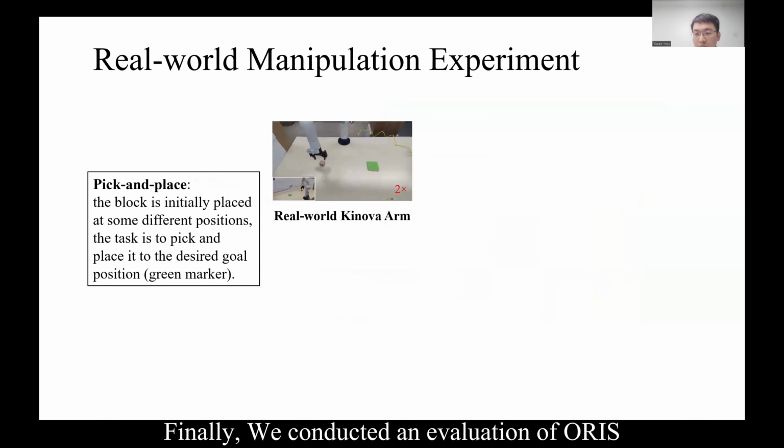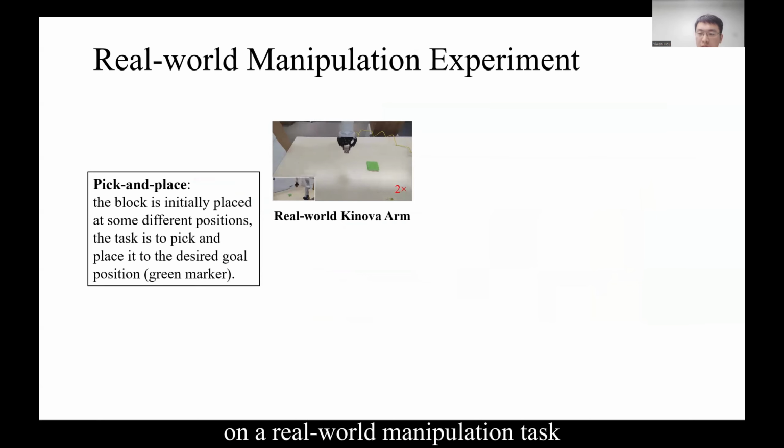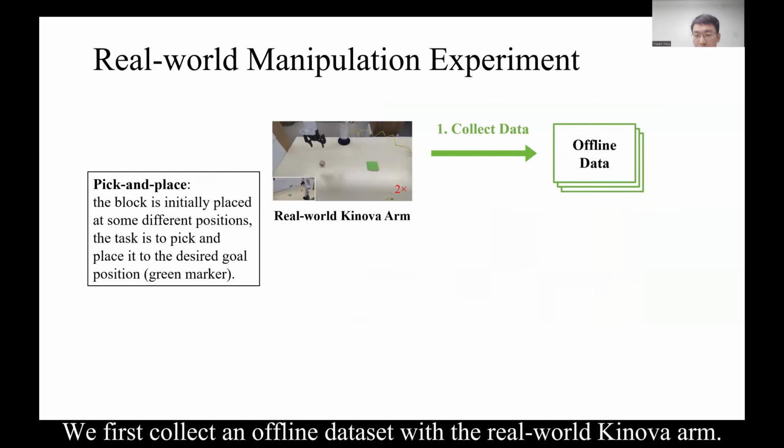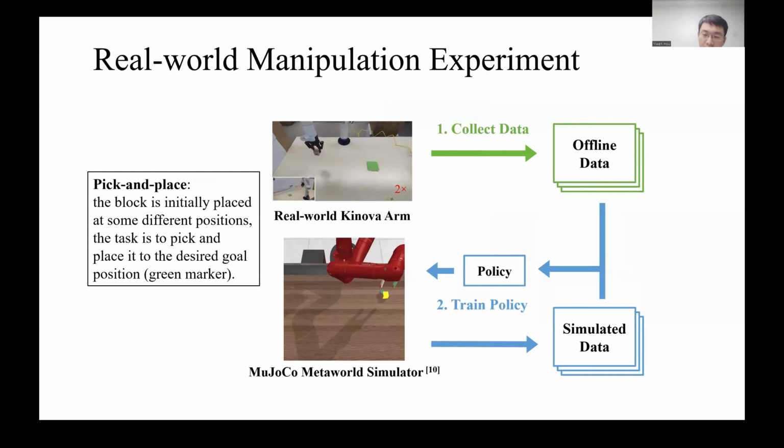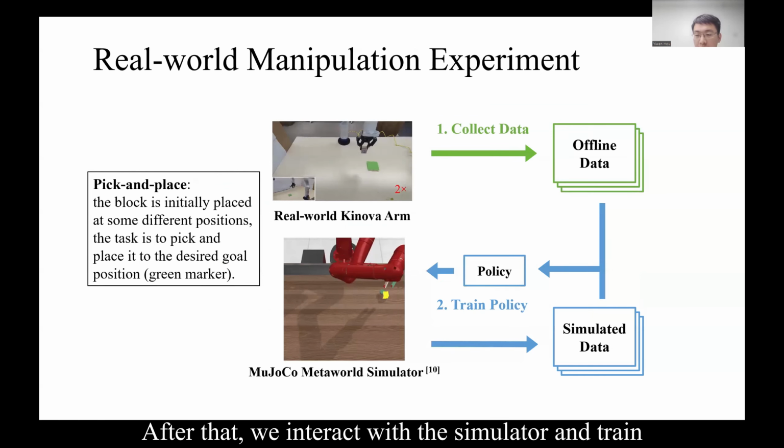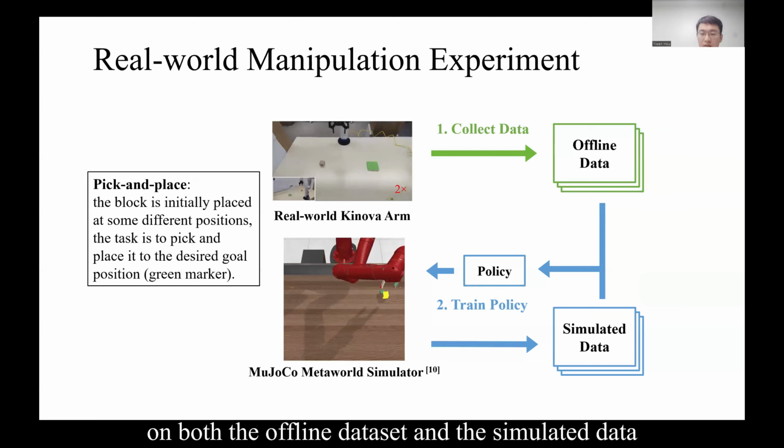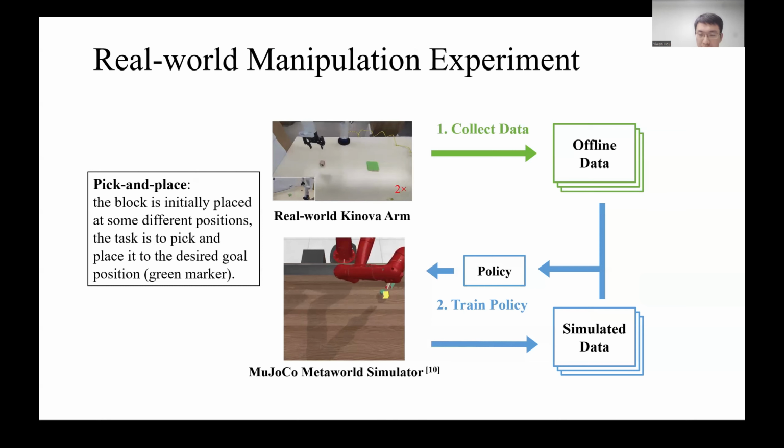Finally, we conducted an evaluation of our method on a real-world manipulation task. The task is to pick and place a block. We first collect an offline dataset with the real-world Kinova arm. After that, we interact with the simulator and train on both the offline dataset and the simulated data.